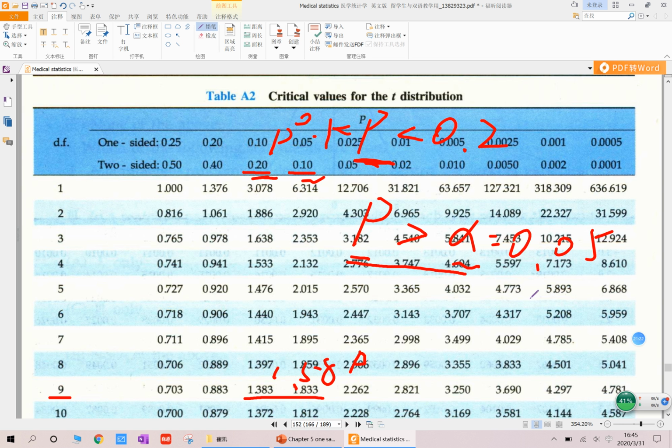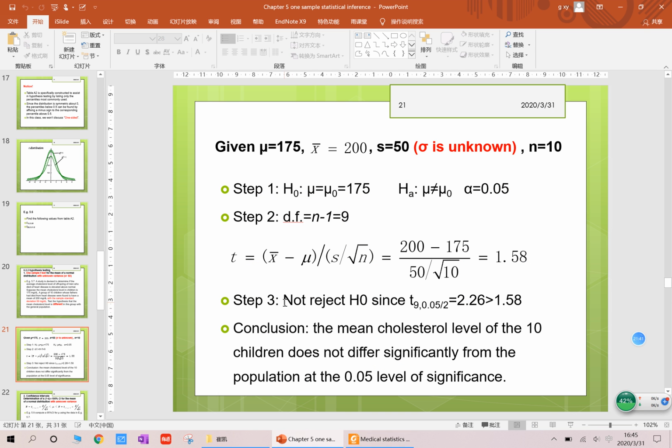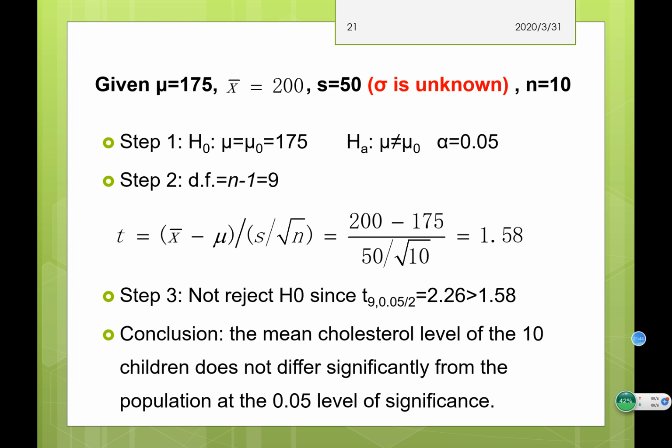So can we reject H0? No, we can't, because when P is bigger than alpha, we cannot reject H0. Okay, we cannot reject H0 because we have already known P is bigger than alpha.